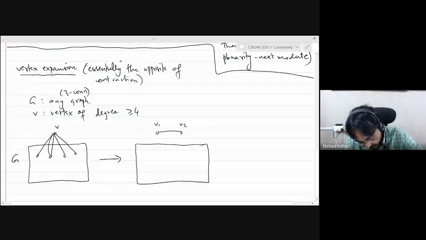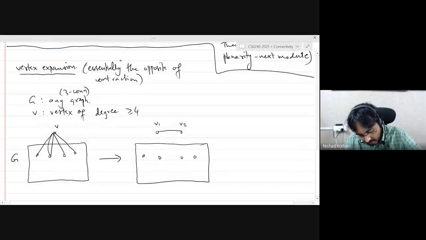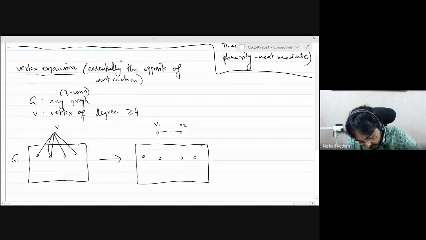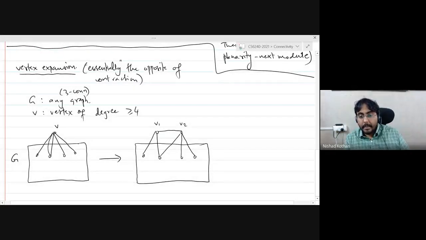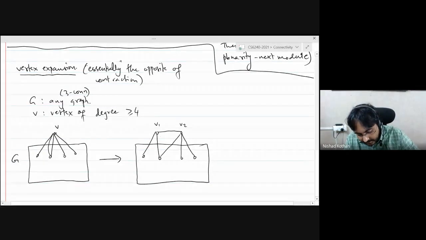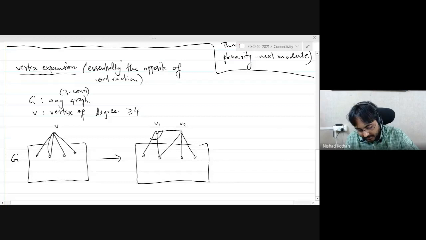Okay, so let me give you an example here. I could make these two edges incident at V1, and I could make these three edges incident at V2. What I want is that each of them has at least three distinct neighbors in the resulting graph.